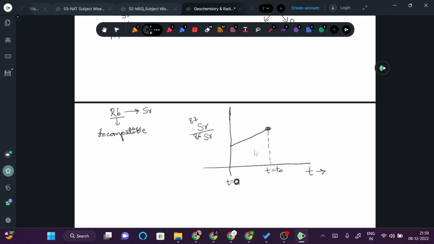Now what will happen? This would have been the normal case, but what happens is the graph proceeds in two directions. One is like this and one is like this. Okay. Can anyone tell me which one of these lines represents the melt and which one represents the residue? When it comes to Rb-Sr, it will differ in both cases because in one the product is more incompatible and in one the reactant is more incompatible.